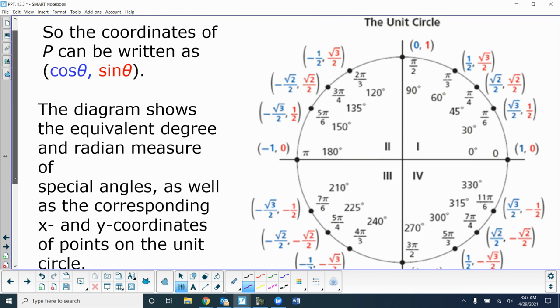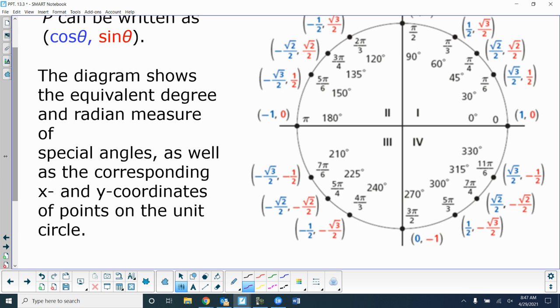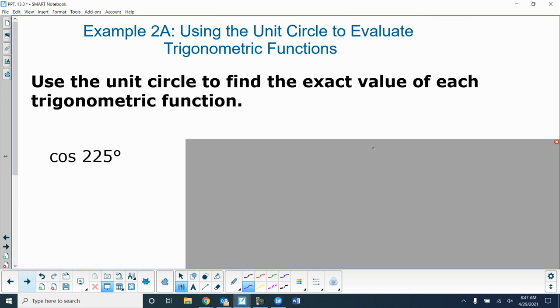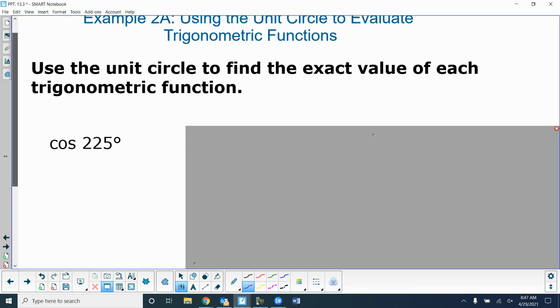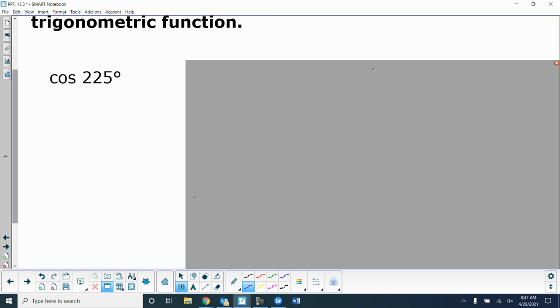Here it's just doing the same thing, talking about cosine and sine, alphabetical. All right? So, 225. What quadrant is 225 degrees in standard position? The third quadrant. Everybody agree? I do agree. Right?